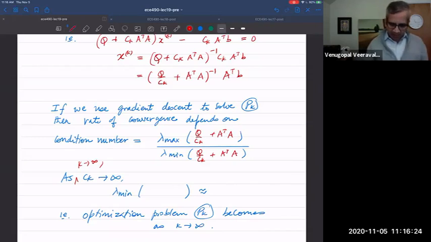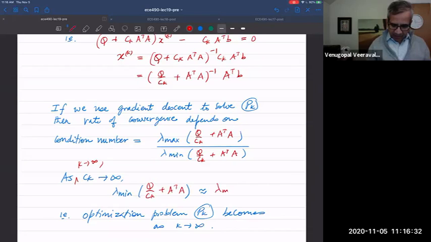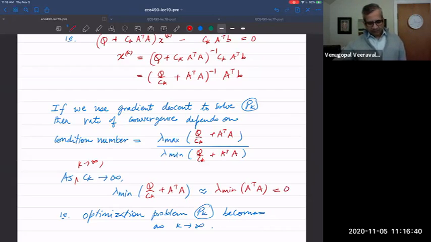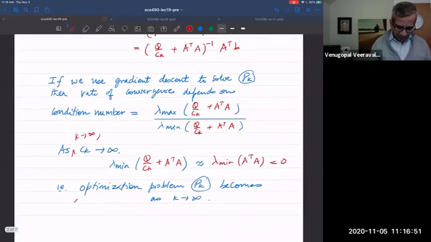And what happens to lambda min of this? Goes to 0. So this is becoming the lambda min of A transpose A, which is 0. Right, so the problem becomes ill-conditioned as k goes to infinity, because the condition number goes to infinity.